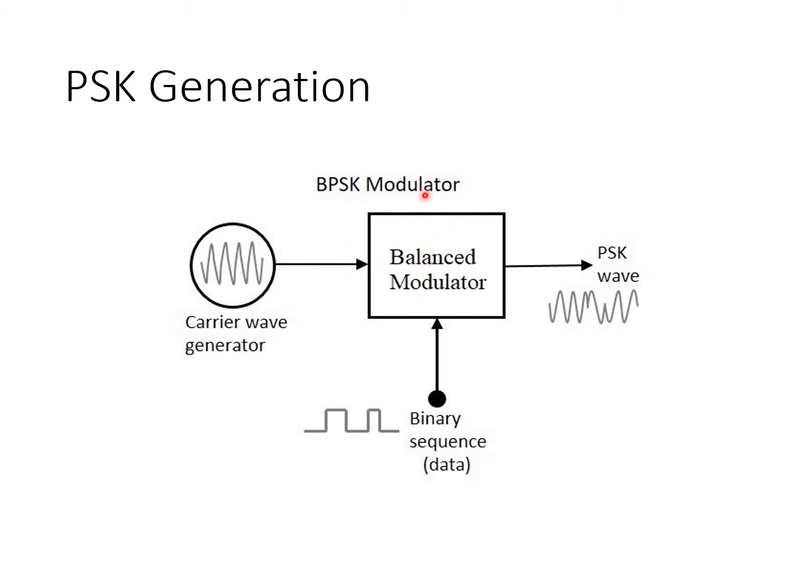For a basic BPSK modulator, the balanced modulator will generate 2 phases, that is 0 degree, which means no phase change, and a 180 degree phase change according to the input binary sequence, so that the output wave will have a 180 degree phase shift.